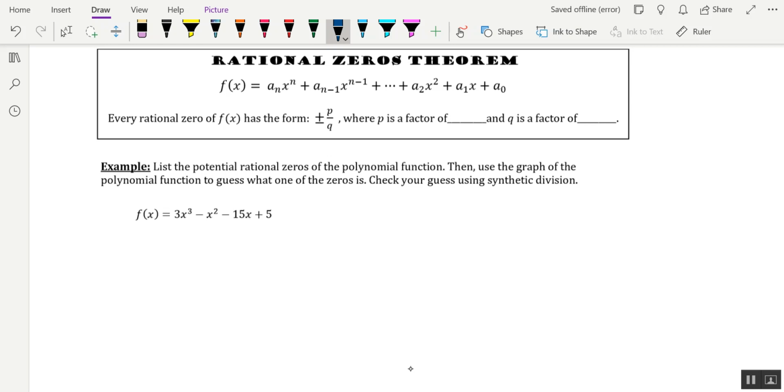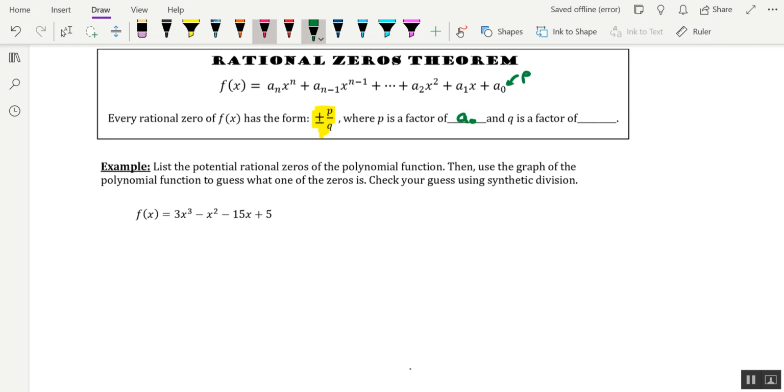So, with regard to the rational zeros theorem, it says that every rational zero of a polynomial function, regardless of how chaotic it may look, is of the format plus or minus p over q. Now p is going to be a factor, or number that divides, a sub 0.